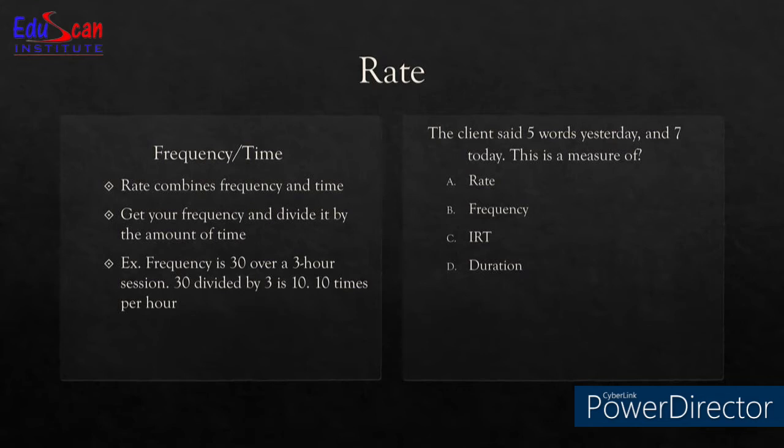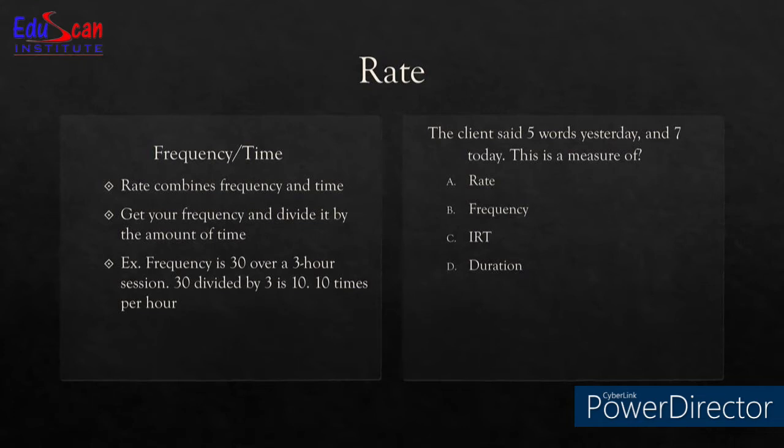He did 5 words yesterday, so the frequency was 5 words, and today he did 7 words, so the frequency today is 7. And if we want to take the average of the frequency, it will be 5 plus 7, which is 12, divided by 2. So the average frequency is 6.